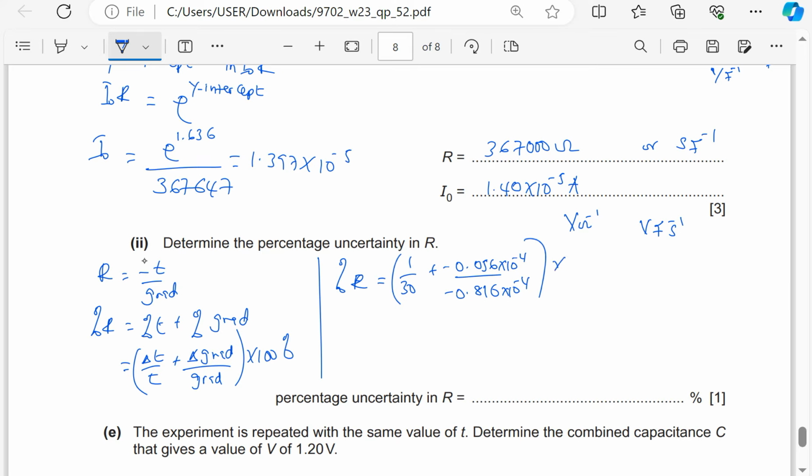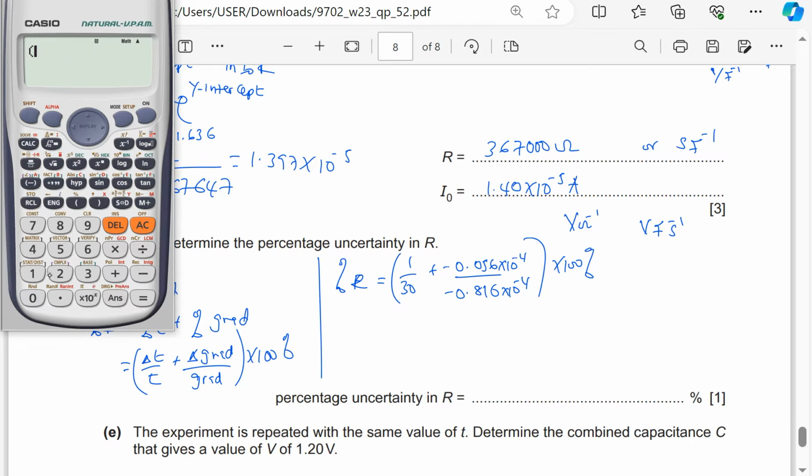So I'll multiply this by 100 to make it percentage. I'll say 1 divided by 30 plus 0.056 divided by 0.816. I'll ignore the power of 10. Then I multiply this by 100. The percentage uncertainty here is 10% or 10.2%.